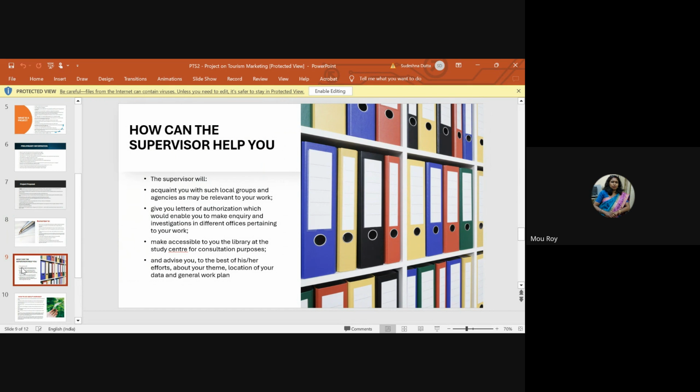A teacher will make you understand, with a little bit of spoon feeding, even if you are unable to understand. But a supervisor will never do that. A supervisor always expects you to come with your work ready. He or she will just have a glance and give the approval.